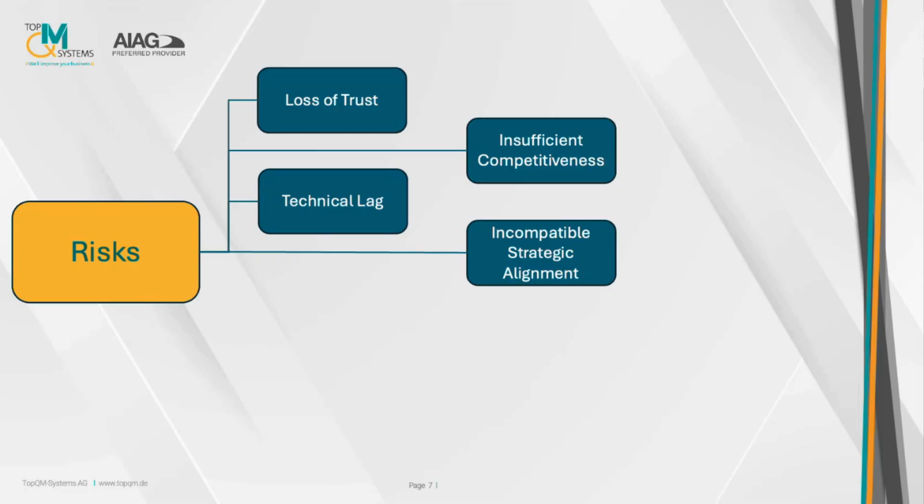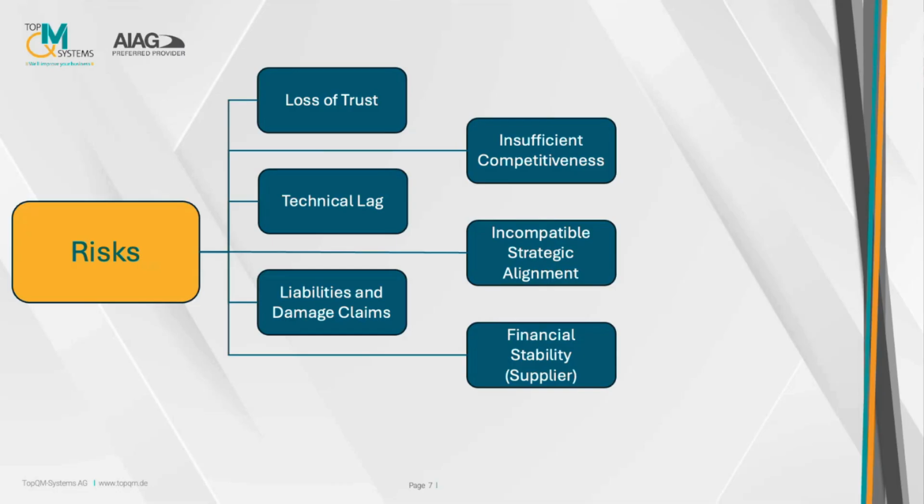Yeah, that comes back to the state of the art issue. Maybe there is an incompatible strategic alignment between customer and supplier. Liabilities and damage claims, those are definitely risks that we are facing. Financial stability of the supplier is another risk that we need to deal with. I don't want my supplier to go bankrupt on me in the middle of some project.